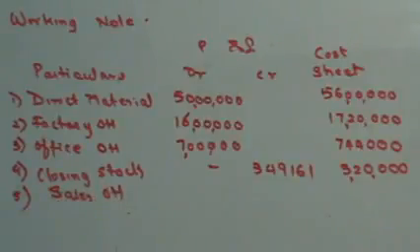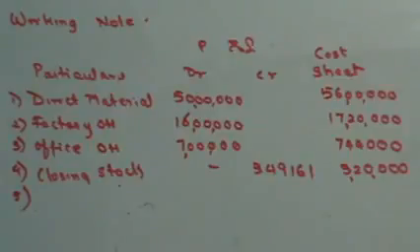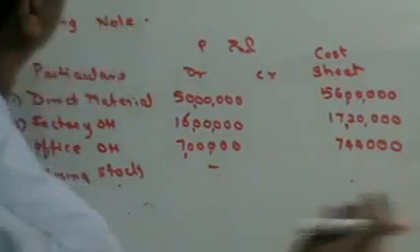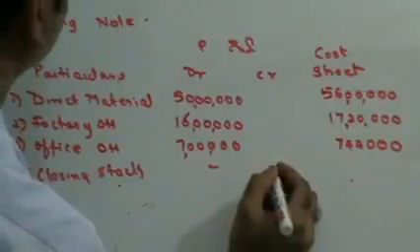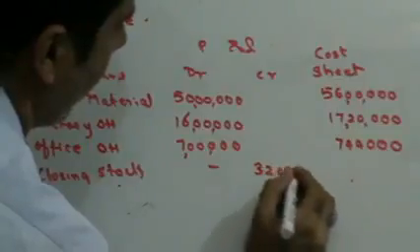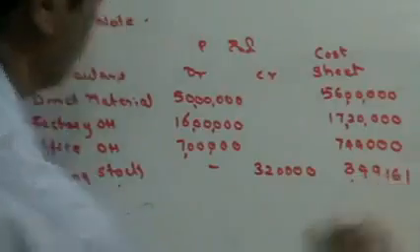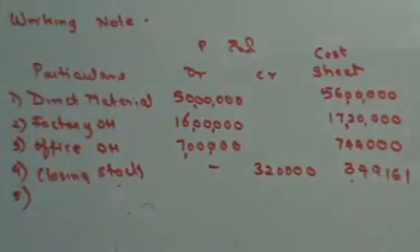Sales overheads as per P&L is 9,60,000 and here also it is 9,60,000, so there's no need for me to make that entry. So in the closing stock, why is that 3,49,161 in credit? Closing stock is always a credit side entry. Okay. Sales overheads is same in P&L as well as cost sheet.